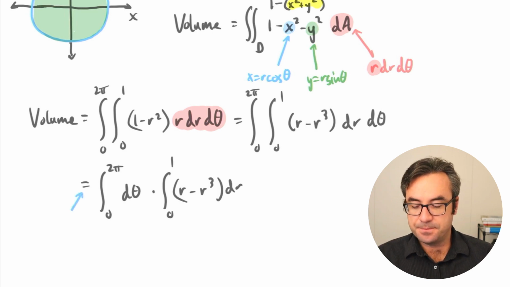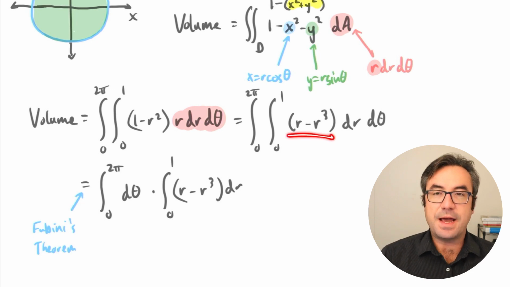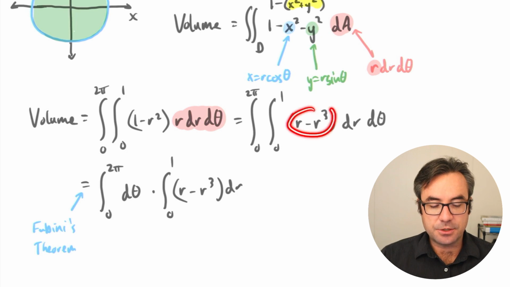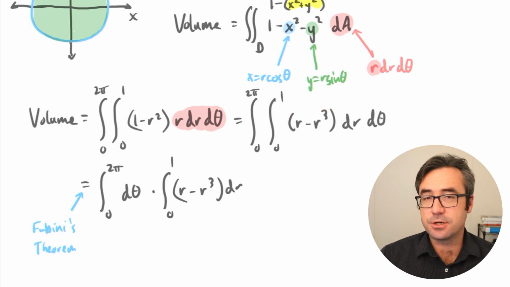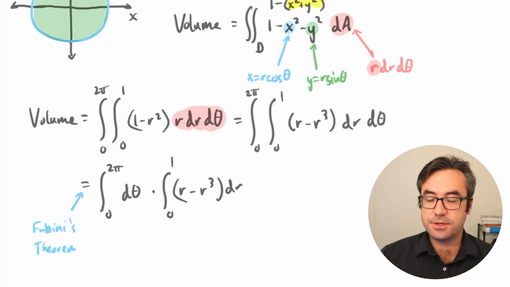And this is Fubini's theorem. That's a special case. So if we can factor our function into just r terms and then just theta terms, we can split up the integral and do just the theta terms and just the r terms.